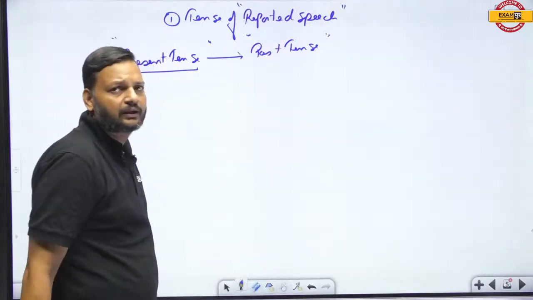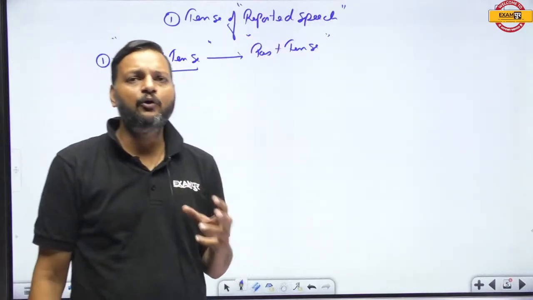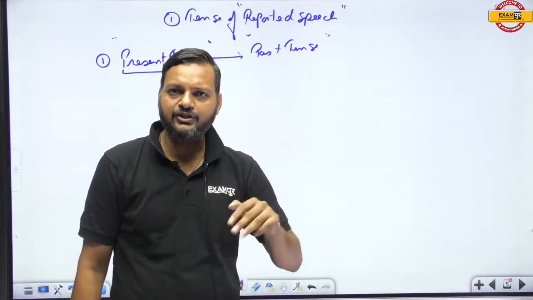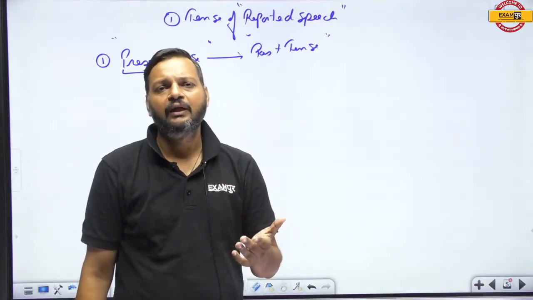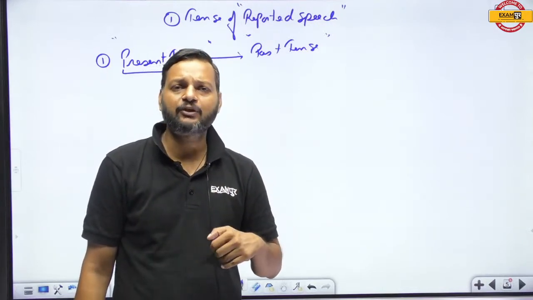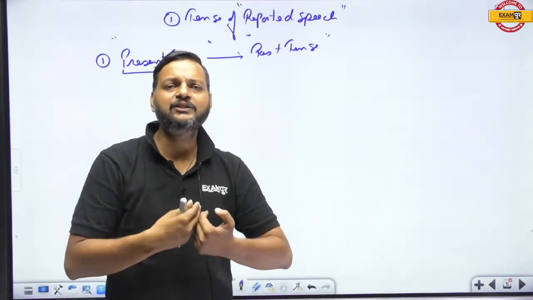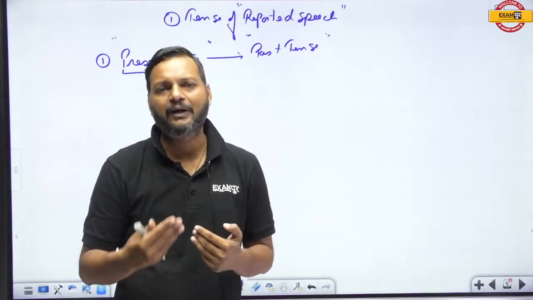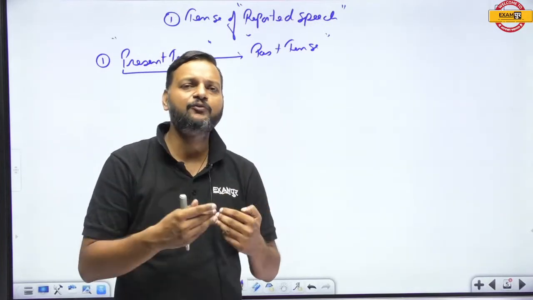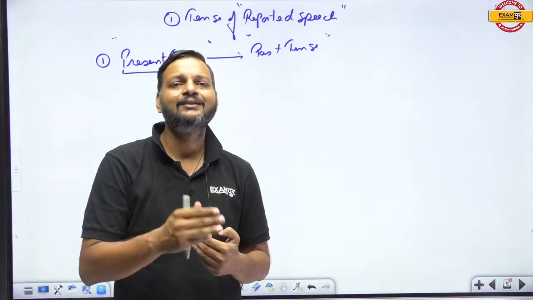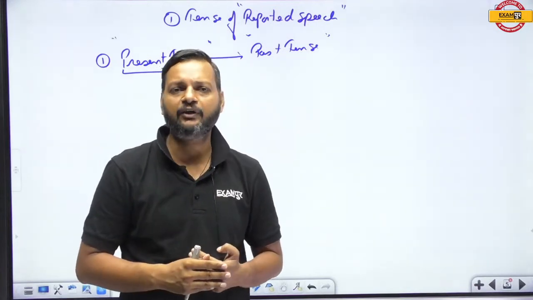If your reported speech is in present indefinite, change it into past indefinite. If it is in present continuous, change it into past continuous. If it is in present perfect, change it into past perfect. And if it is in present perfect continuous, change it into past perfect continuous.